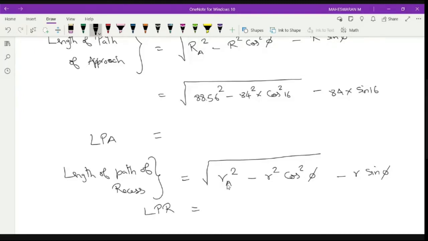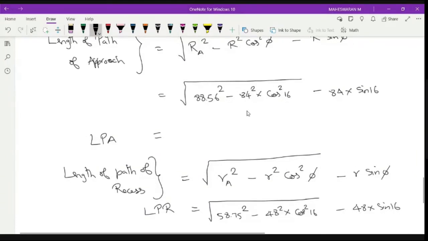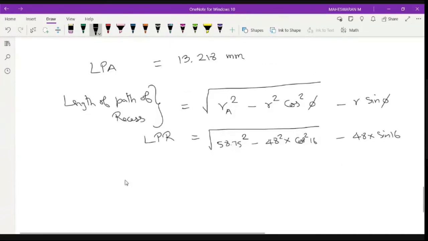Substituting this, 58.75, can you get the answer? 13.218 mm. Thank you. What about length of path of recess? 23.13 mm. Very good. So this is my approach and recess.